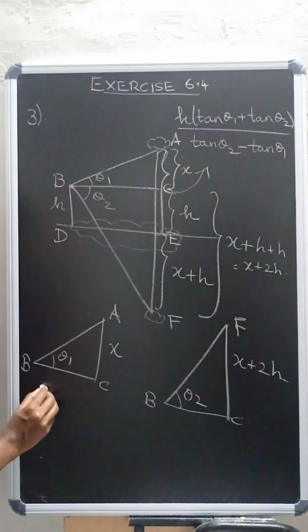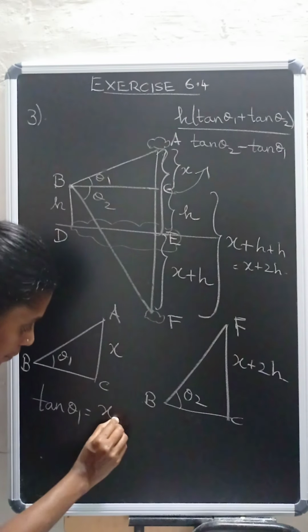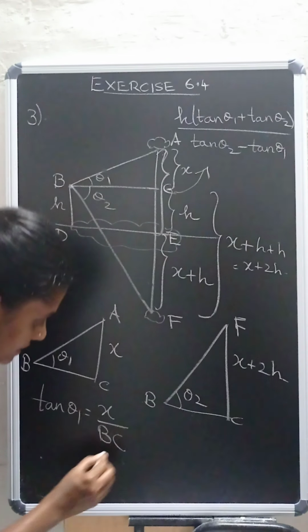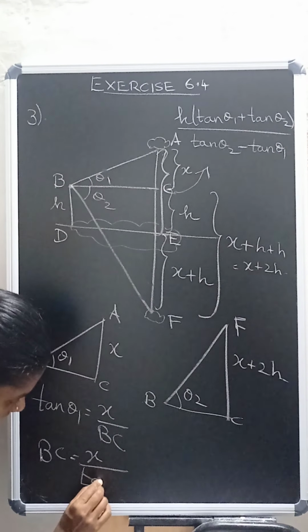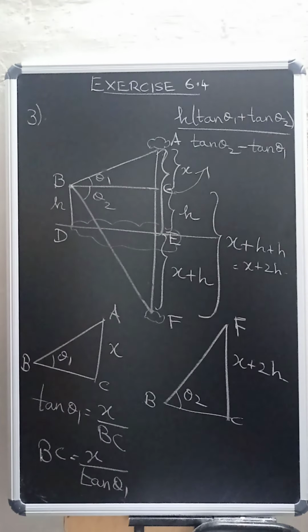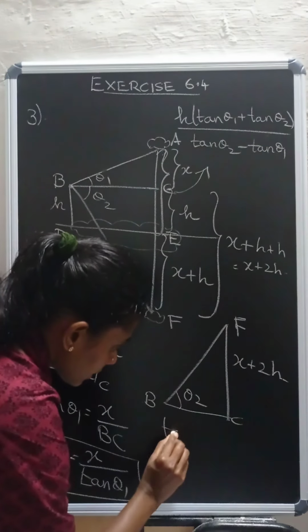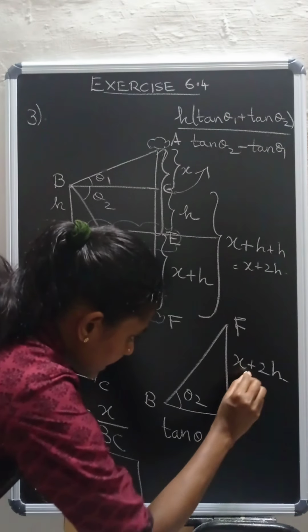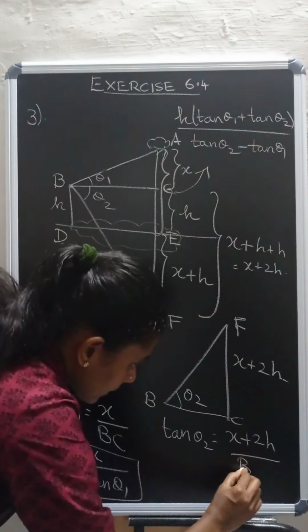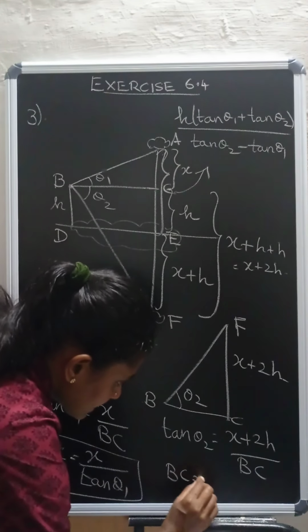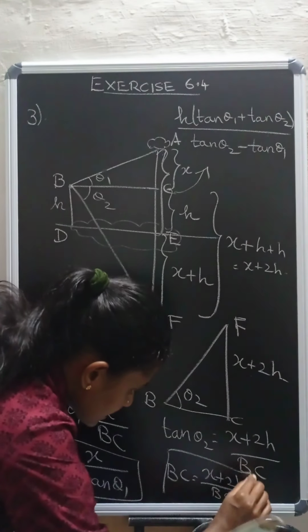So here tan theta 1 is equal to opposite by adjacent, so BC is equal to x by tan theta 1. Here tan theta 2 is equal to (x plus 2h), opposite by adjacent, so BC is equal to (x plus 2h) divided by tan theta 2.